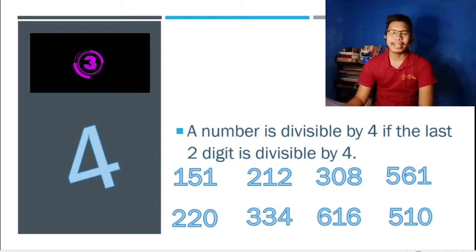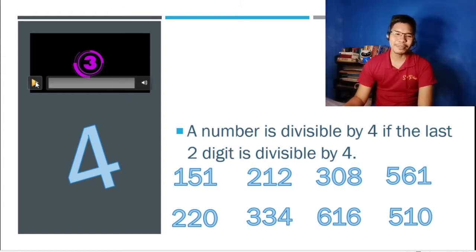Therefore, we can conclude that 212 is divisible by 4. Any number is divisible by 4 if the last two digits are divisible by 4. So I'll give you 10 seconds to determine which among these numbers are divisible by 4. And your time starts now.